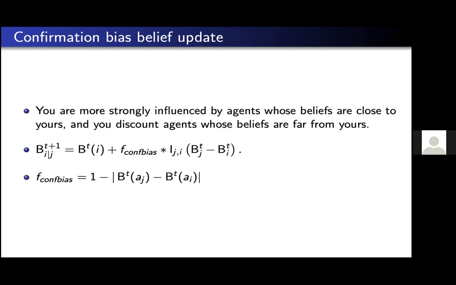So this is the confirmation bias, and it can be expressed as 1 minus the difference between these two. When these two agents are very similar, this difference is 0, so the confirmation bias is the maximum, meaning 1. When they are very different, this confirmation bias is going to be 0, so you discard completely the influence of that agent.